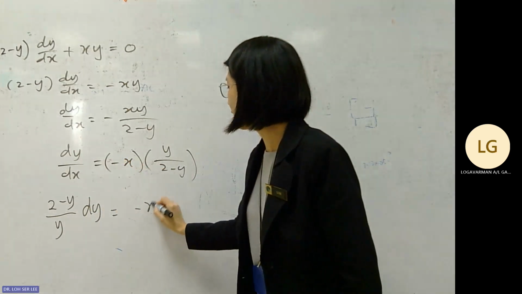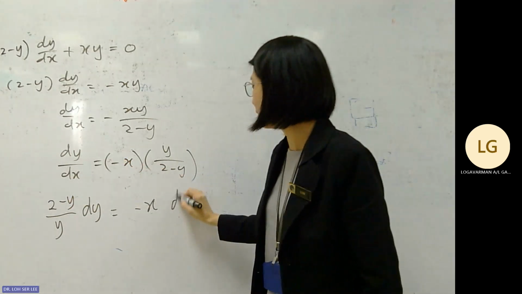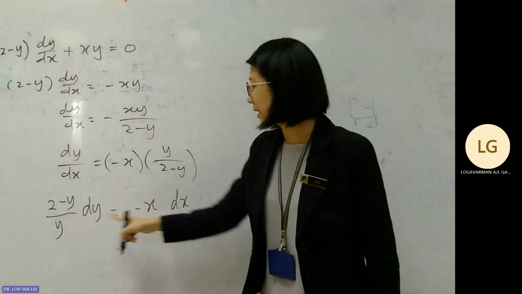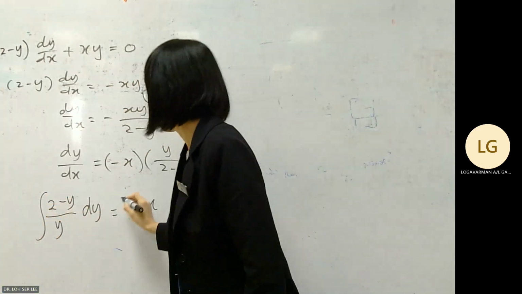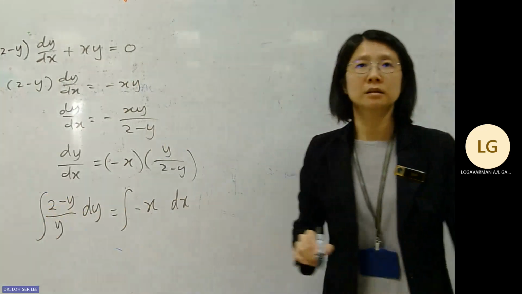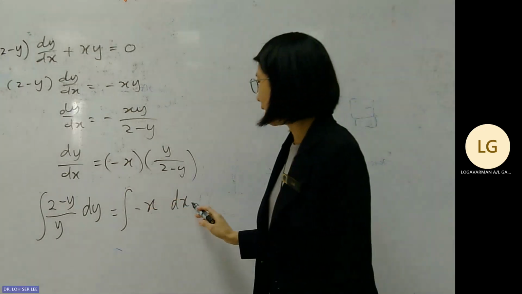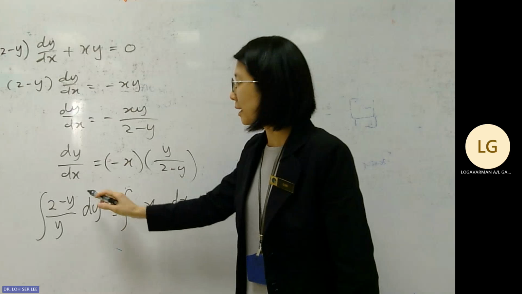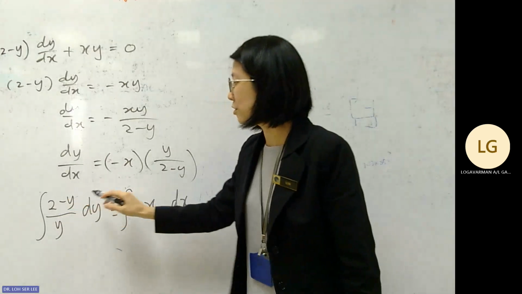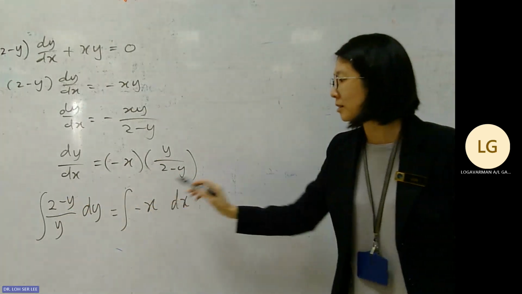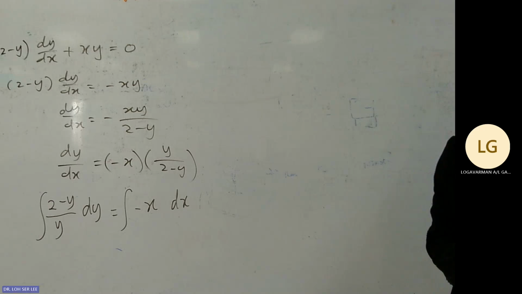And on the right, you have negative x dx. Then you have the integral sign for this dx and also the dy, meaning that we are integrating this function with respect to y and this with respect to x. We are integrating both sides.